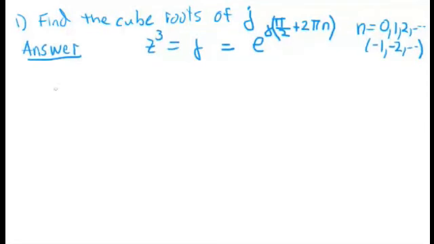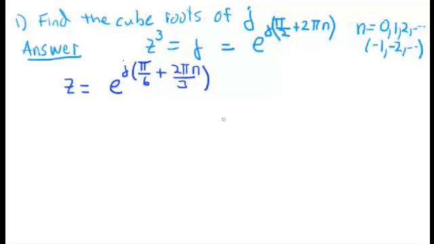In order to use this, we raise both sides to the 1/3. That gives us that z equals, when you raise an exponential to the 1/3, you just divide the exponent by 3, so that's e to the j, pi over 2 divided by 3 is pi over 6, plus 2 pi n over 3. Now something interesting happens. We're no longer adding multiples of 2 pi.